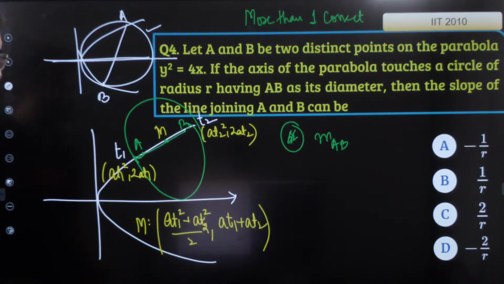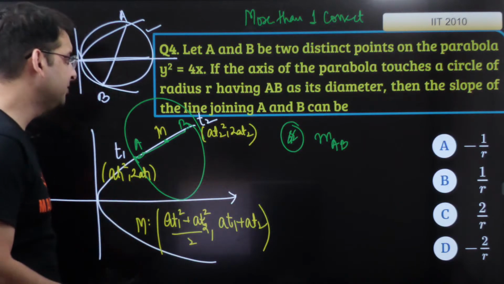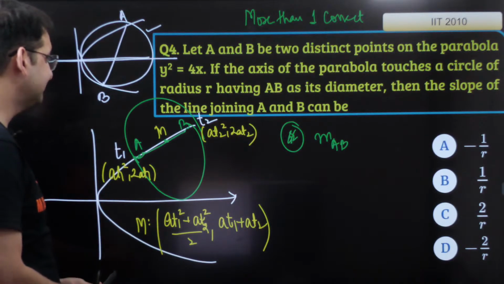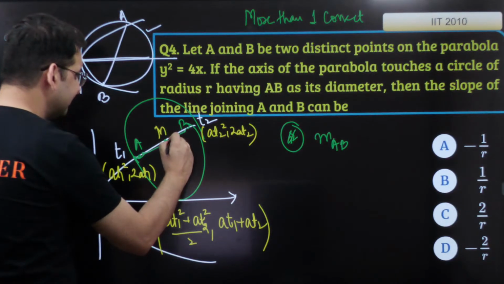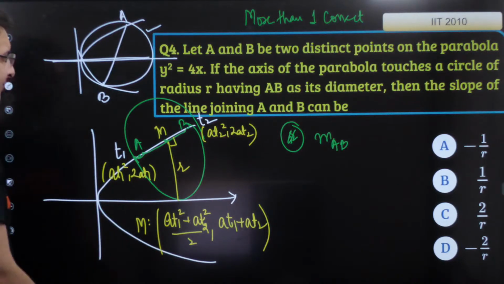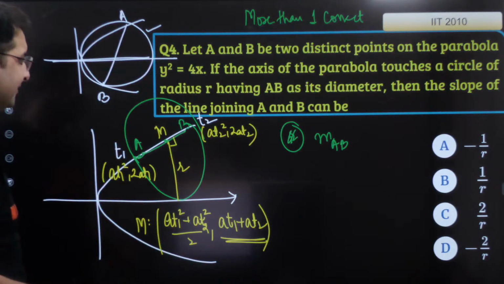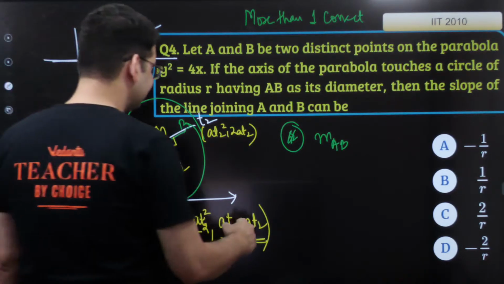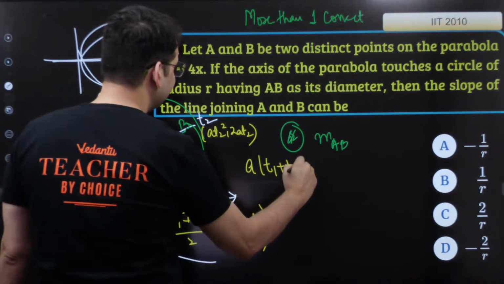Now, how do we use the fact that this circle is tangent to this axis? This is the perpendicular distance, this is going to be R. So can I say A times T1 plus T2 is going to be R?